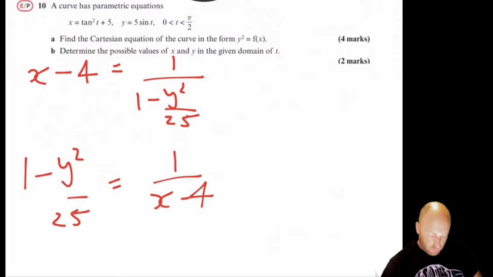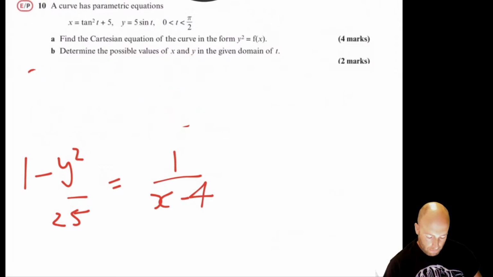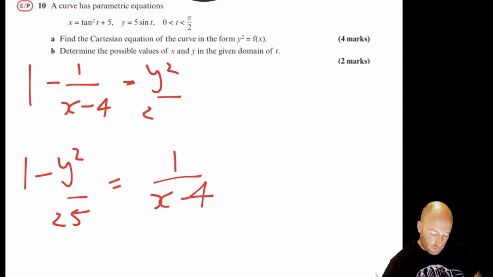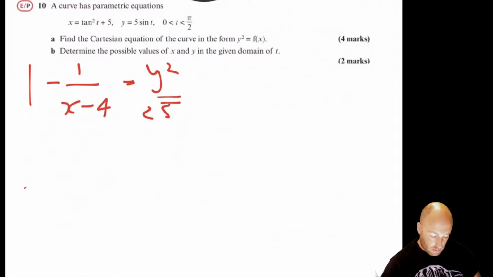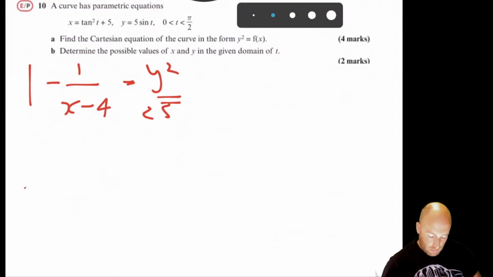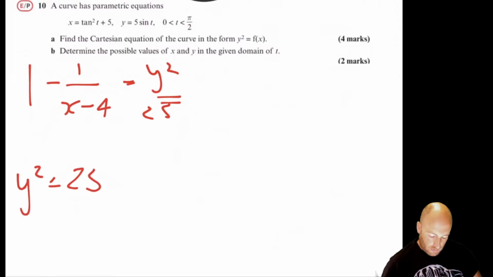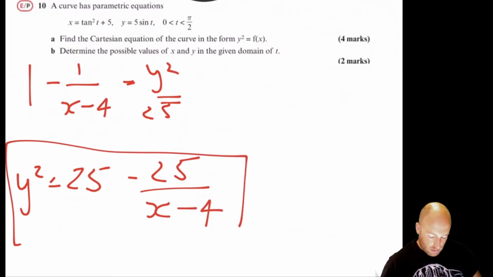Add the y squared over 25 over to get 1 minus 1 over x to the 4 equals y squared over 25. Times everything through by 25. So we get y squared equals 25 take 25 over x to the 4. I think that'll do. That is in the right form.